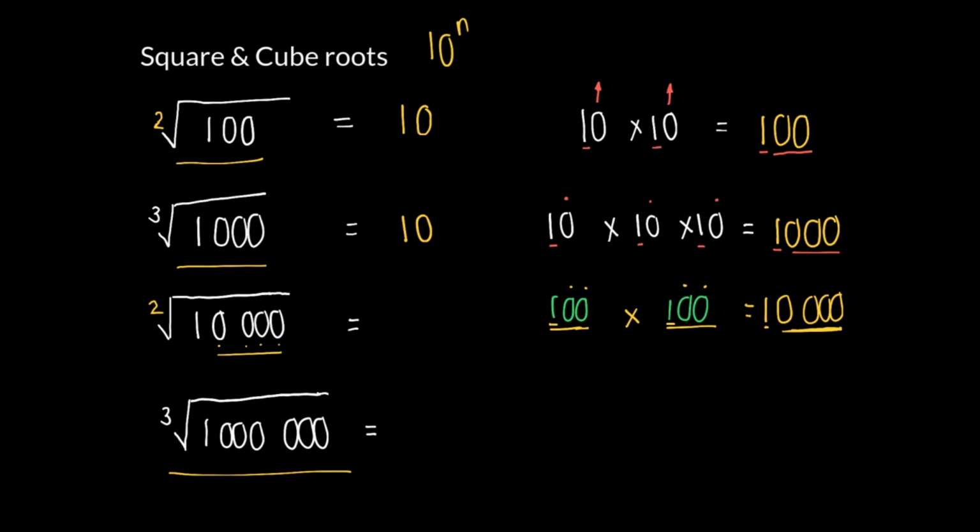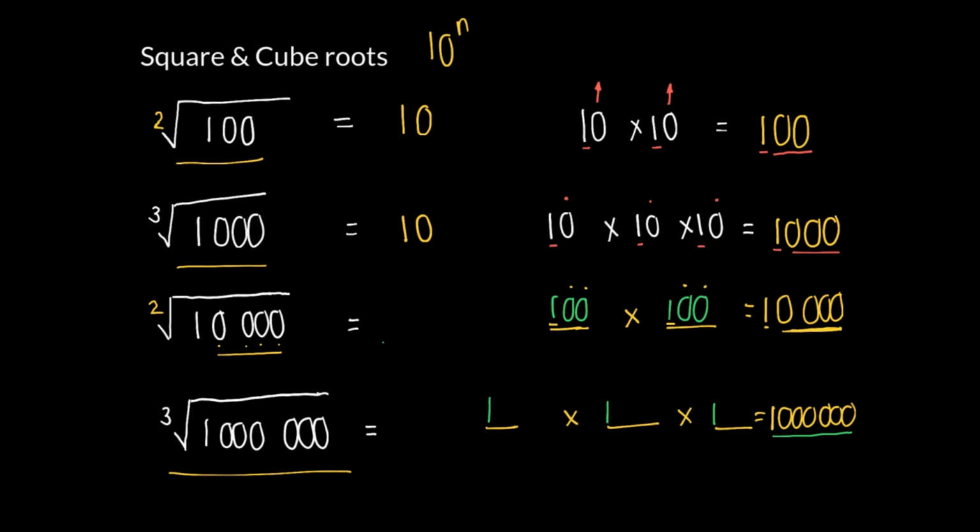So I'm going to get some number times some number times some number is equal to 1,000,000, which has 6 zeros. So I need to share all of these zeros with 3 numbers. But I already know that each one of these numbers is going to start with 1, so 1, 1, 1. And then we can look at how we're going to share over these zeros.